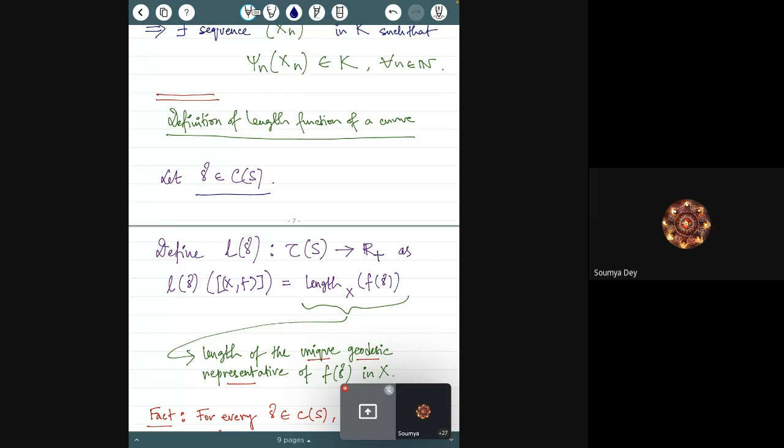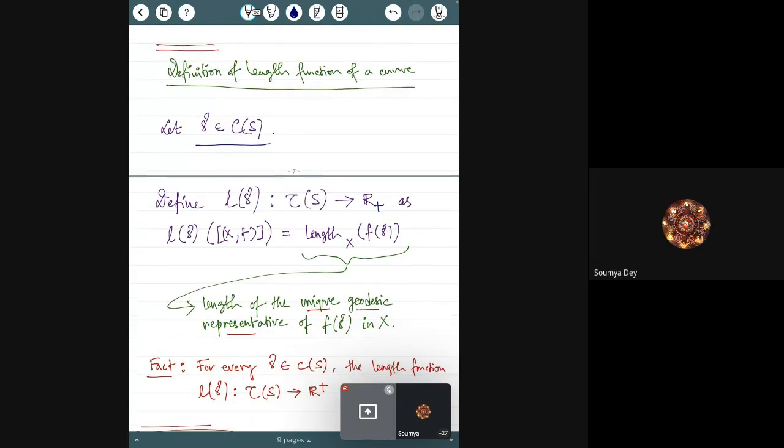So what is this function? L gamma of some element, say the class of x, f, will give you the length of f gamma in X.